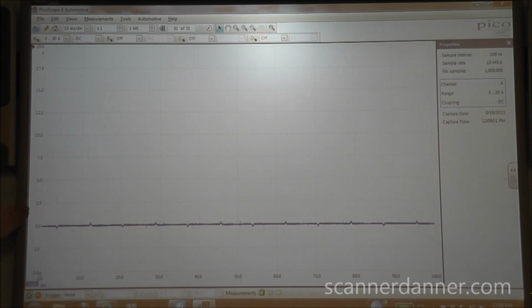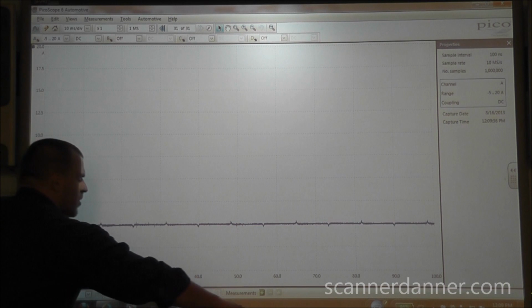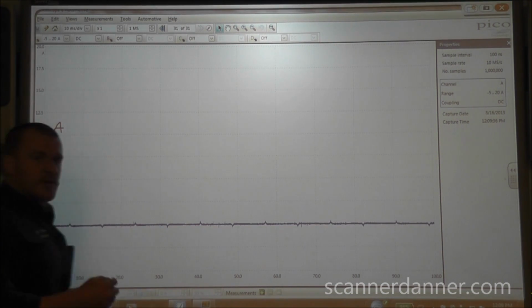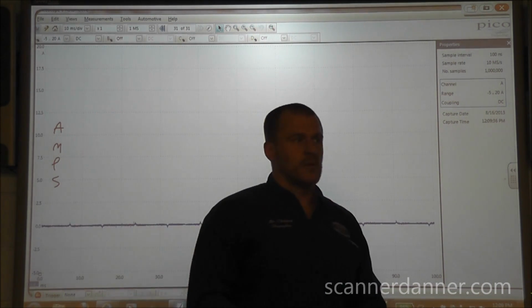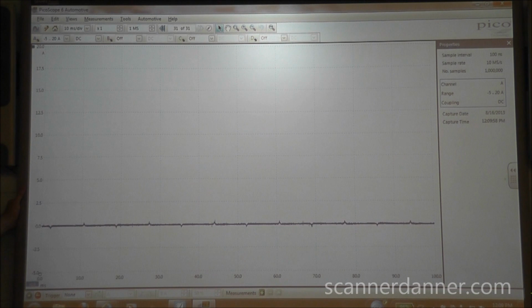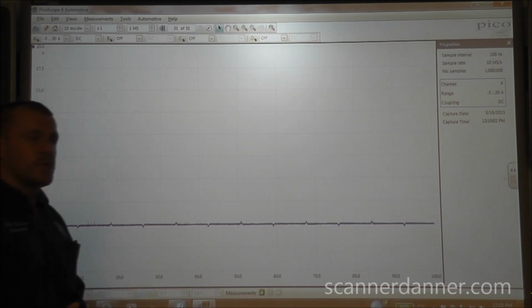It's already been done for me on my scales to the left here. Even though the scales are now listed as amps, is it really amps? It's volts. It's not amps. It's an amperage conversion. So go ahead and start the car now, and we'll see what this looks like.